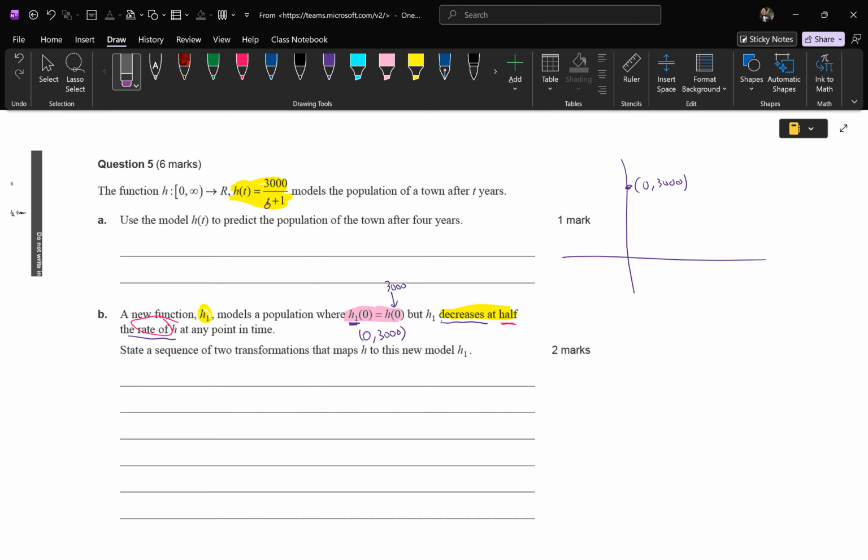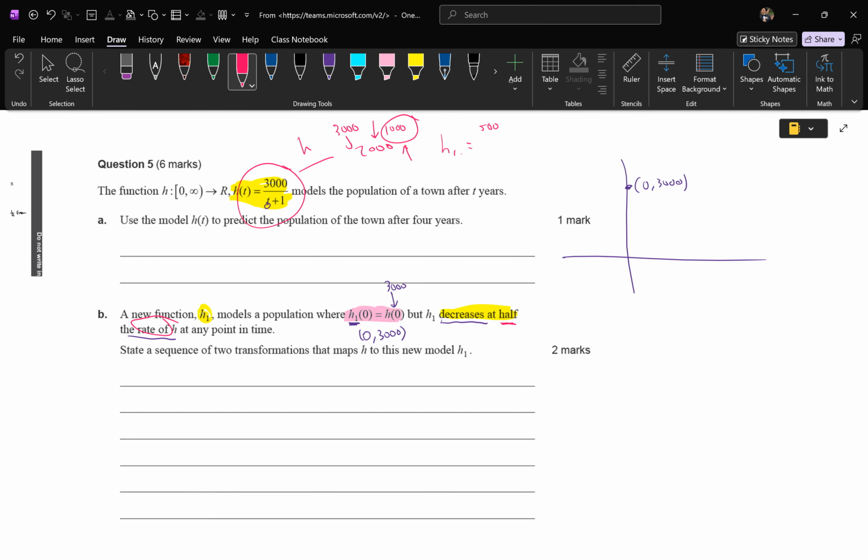So if the original h has decreased and gone down to 2,000, then h1 will decrease by half of that. If it went from 3,000 to 2,000 for h, that's a drop of 1,000, then h1 will drop half of that at any point in time. So instead of dropping by 1,000, it will drop by 500, because it's half of whatever the decrease is. That's what that's saying.